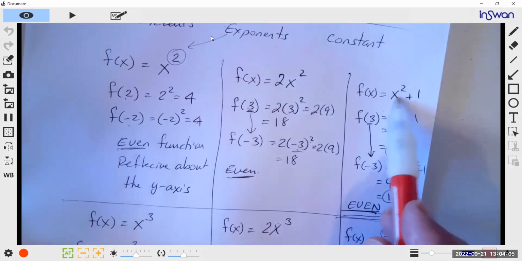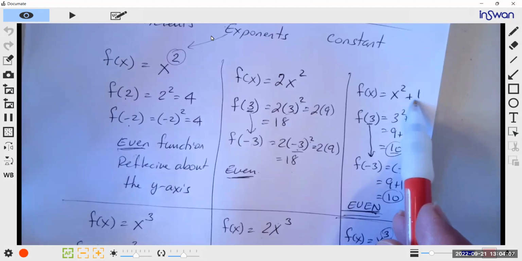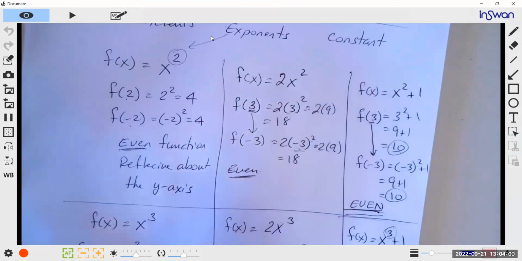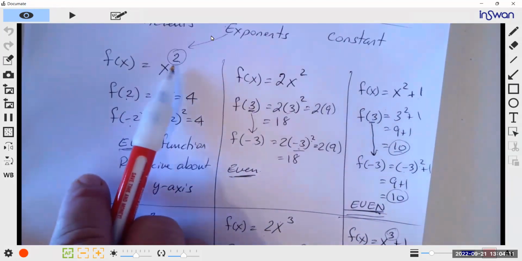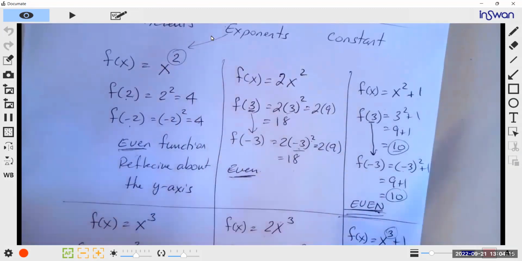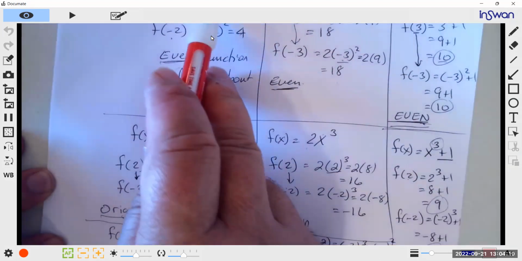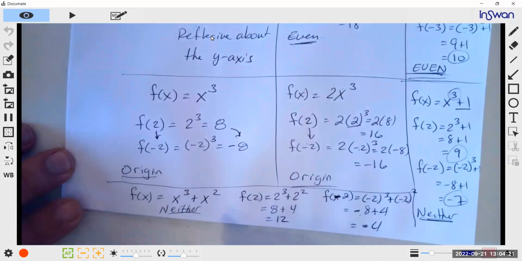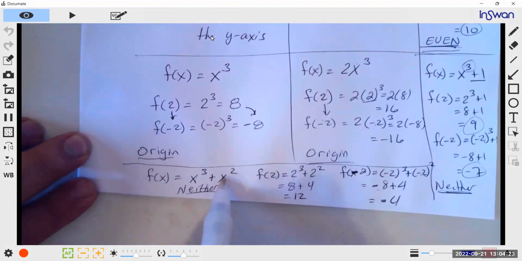And if you have an even exponent and you're adding and subtracting a constant, it doesn't change it. So if you have only even exponents on your x's, no matter what, it's always going to be even. The only time an even exponent will not be even is if you mix it up with an odd exponent. The power, this is a 3, that's a 2. Because you're combining different exponents, it's neither.